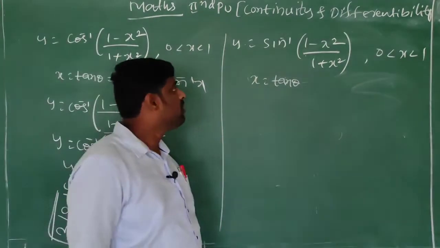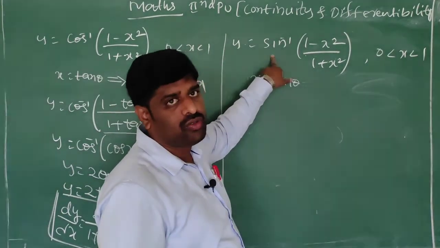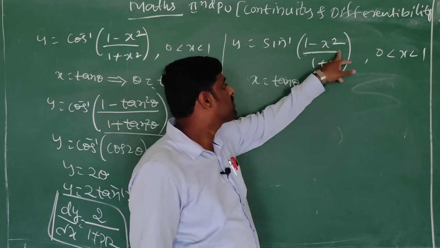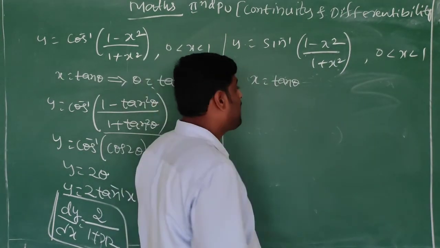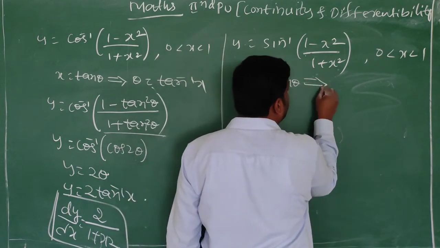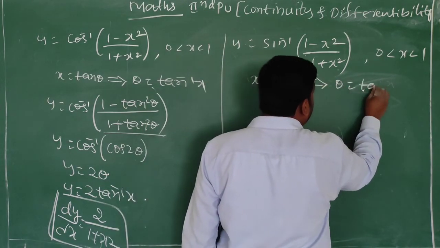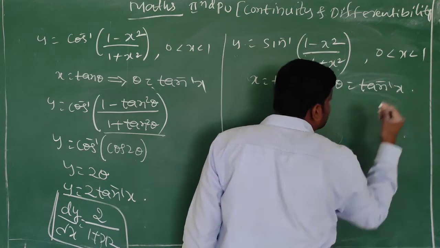Now come to this. Y is equal to sin inverse of 1 minus x square divided by 1 plus x square. Put x is equal to tan theta, theta is equal to tan inverse x.